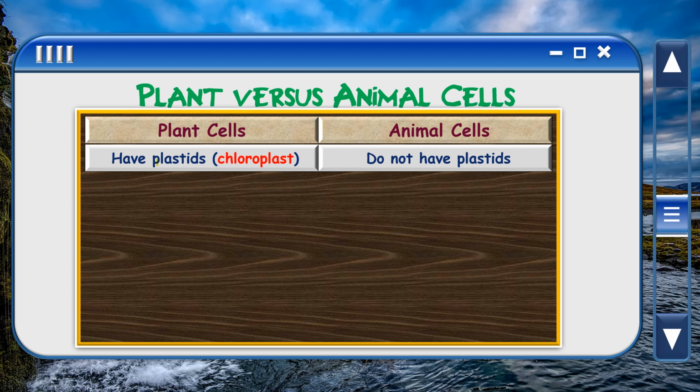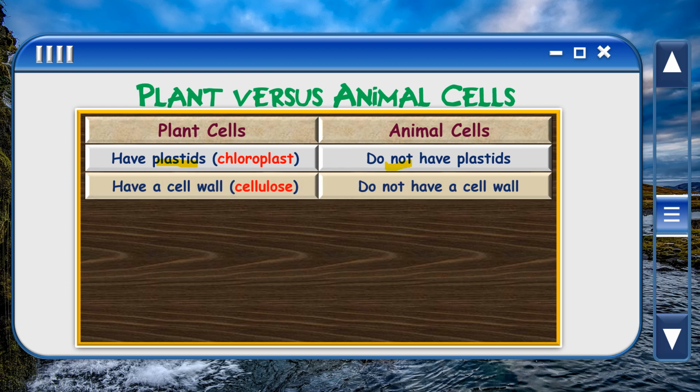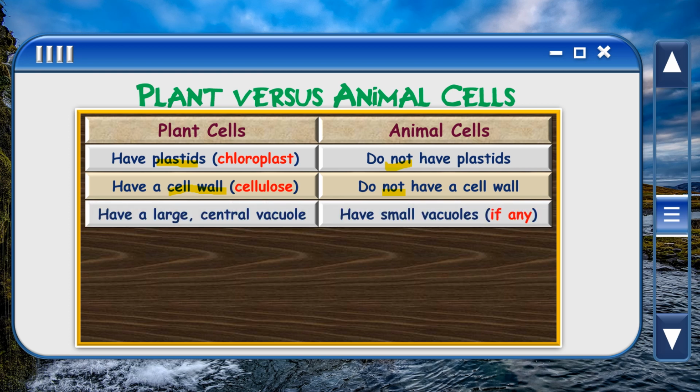But the plastids are absent in animal cells. Plant cells have what we call a cell wall, which is absent in the animal cells. The plant cells have a large central vacuole.